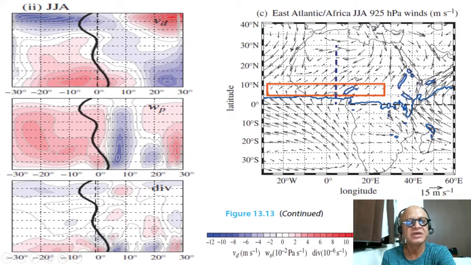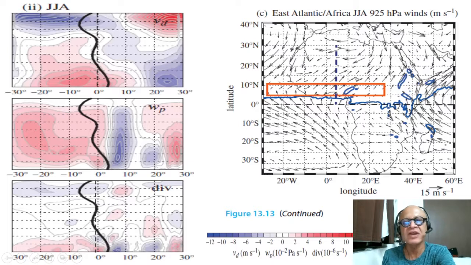So you can see the absolute vorticity line is clearly shifted to the north, which is required to also explain these westerly winds in the low latitude western Atlantic Ocean that is required now to explain the rainfall that we are trying to explain.